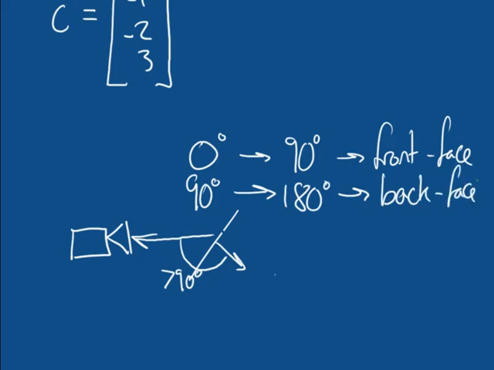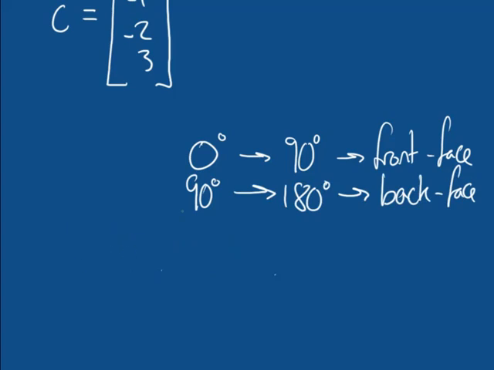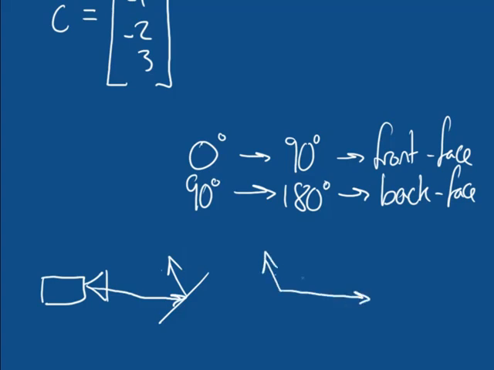Now it's worth noting that if you constructed your vector the other way, so instead of a vector from the surface to the camera, I'll draw our camera lower down so we have some more room. If you had your camera, you had your surface, and you created a vector from the camera to the surface, notice the angle between these vectors. We've got a vector like this and a vector pointing in this direction.